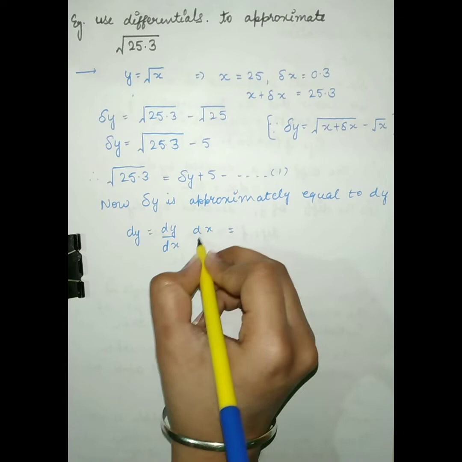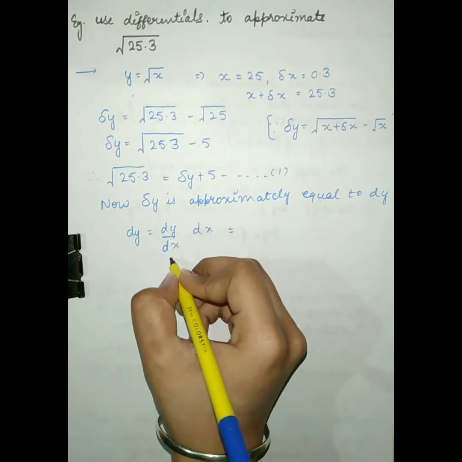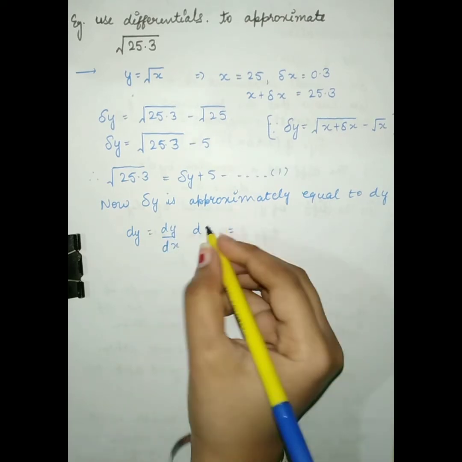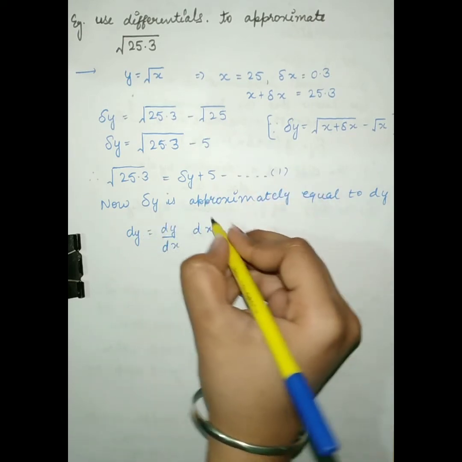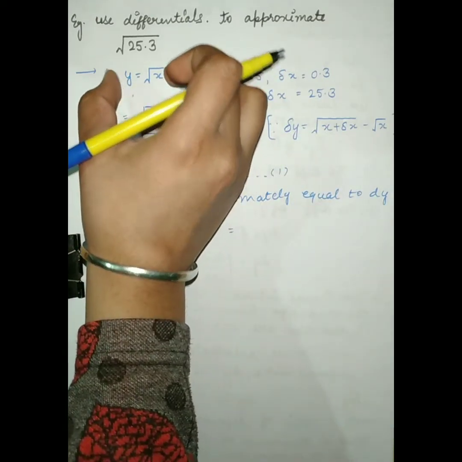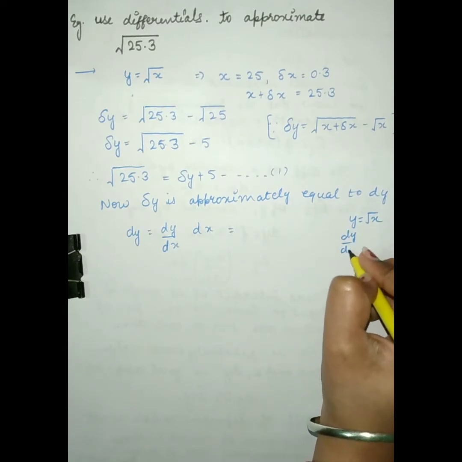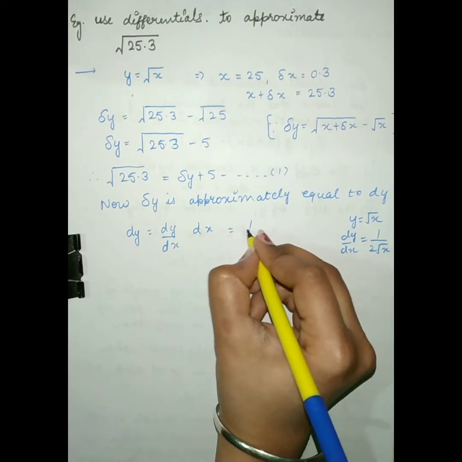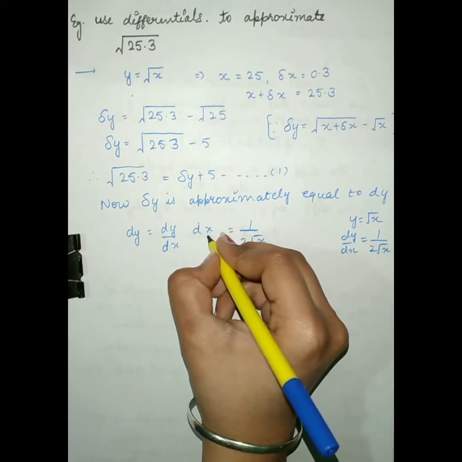That means here we get dy upon dx into del x, because del y is approximately equal to dy. We also use here y equals root of x. So from this dy by dx will become 1 upon 2 root of x.